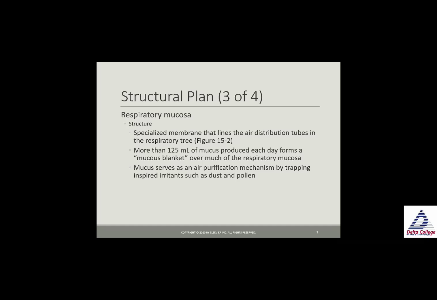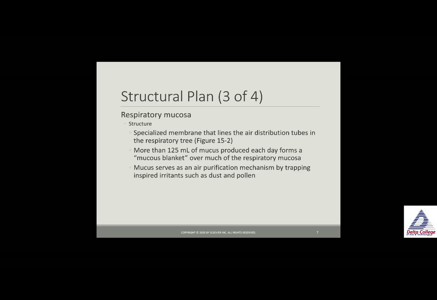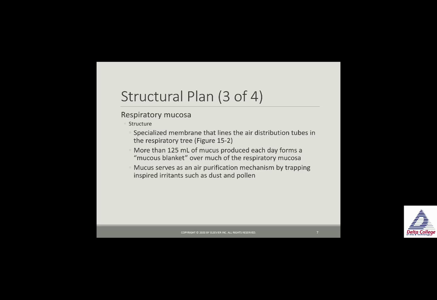Now, the respiratory mucosa is a specialized membrane that lines the air distribution tubes in the respiratory tree. You can see the respiratory mucosa in Figure 15.2. More than 125 milliliters of mucus produced each day forms what's called a mucus blanket over much of the respiratory mucosa.